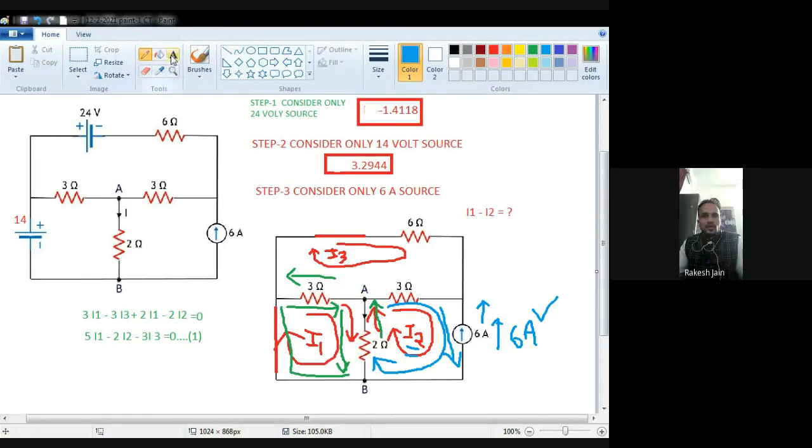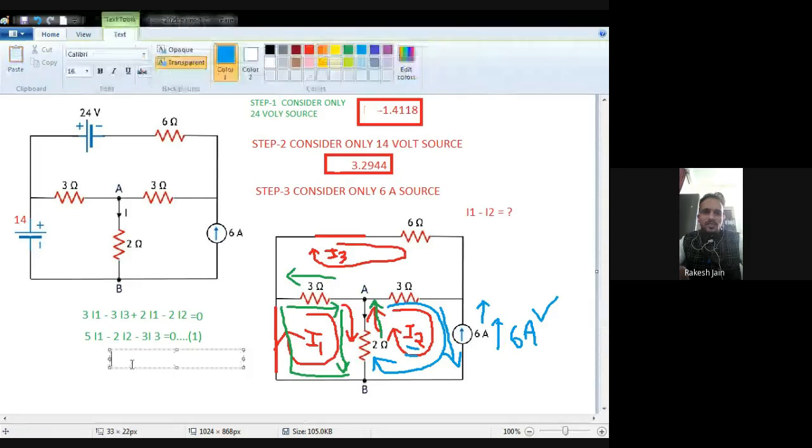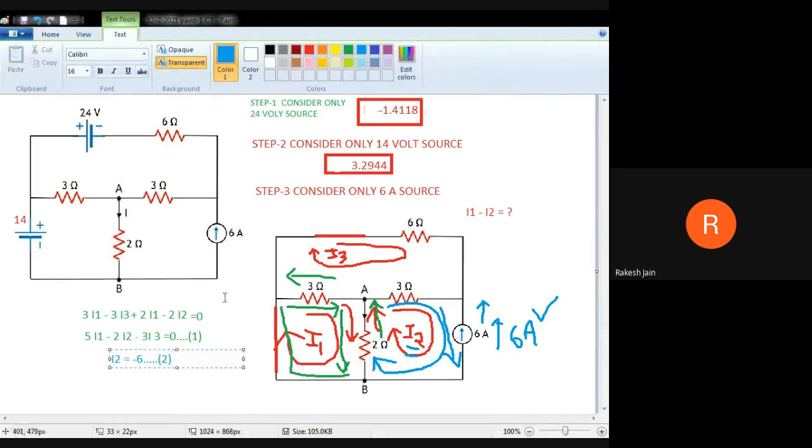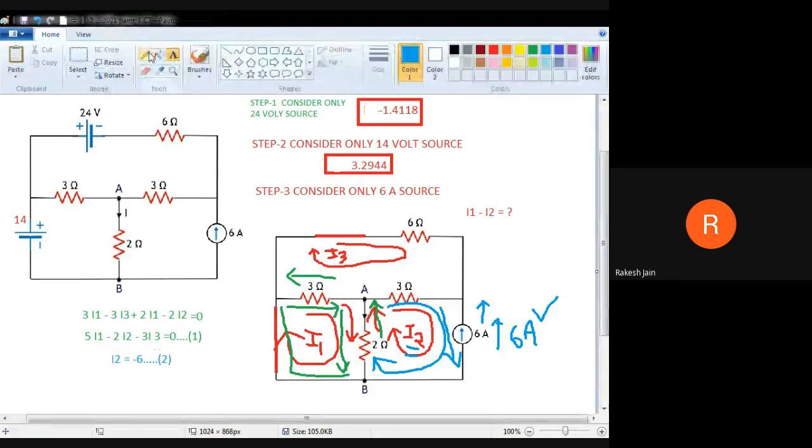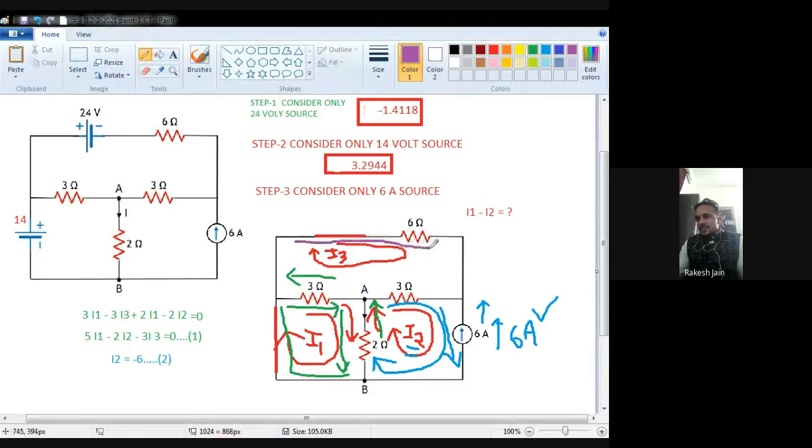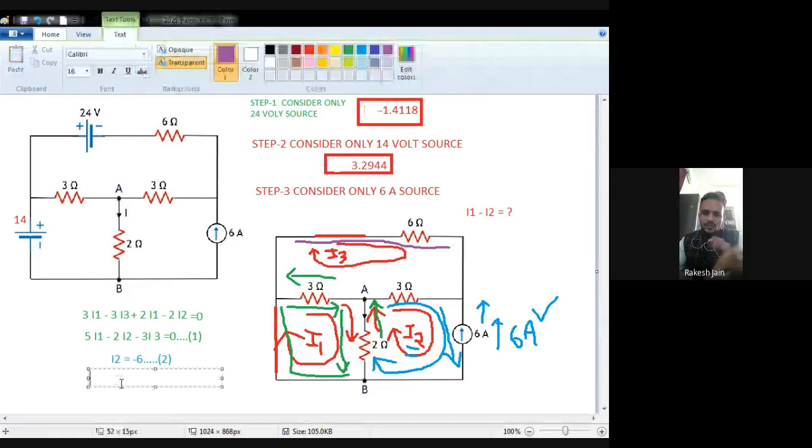My first step answer is minus 1.4118, that is the current through the 2 ohm resistance in step number first. Now we are going to solve step number 3 and find out the current through this 2 ohm resistance. And now this is my third mesh.